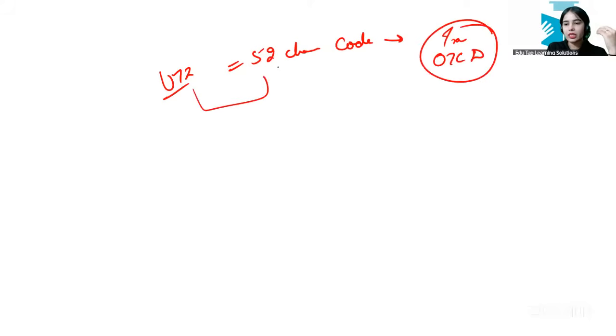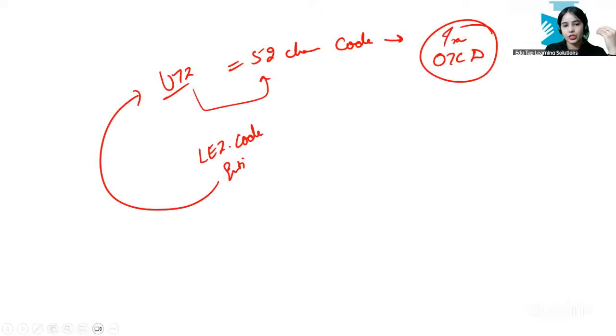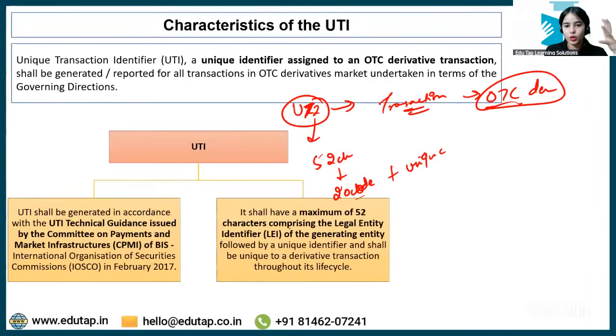This UTI will consist of the LEI code of the entity that is generating the UTI for the transaction. The LEI code will be 20 characters, plus the rest of the 32 characters will be unique numbers or a unique identifier, and shall be unique to a derivative transaction. So this is the idea.